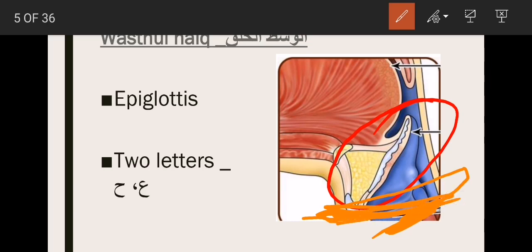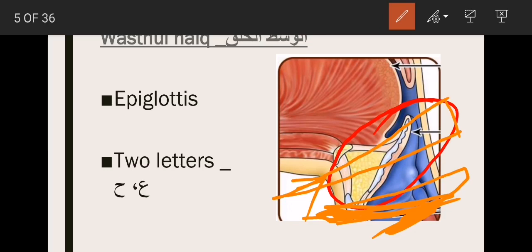Okay, and the wasthul halq is the middle part of the throat. See, it is the area from where it is outside, just the junction of our head with the neck. We will draw a straight line or slanting line, and we will get the covered area of the epiglottis. This is the area where the second specific makhraj, the wasthul halq, is situated.